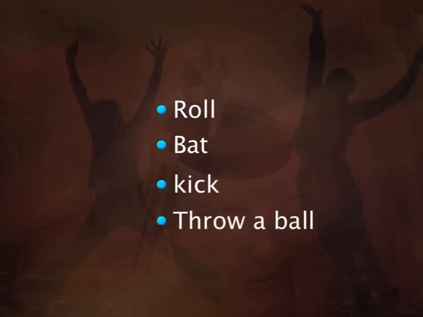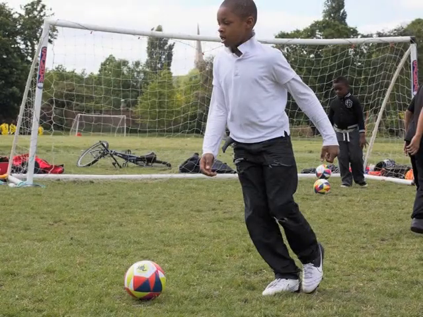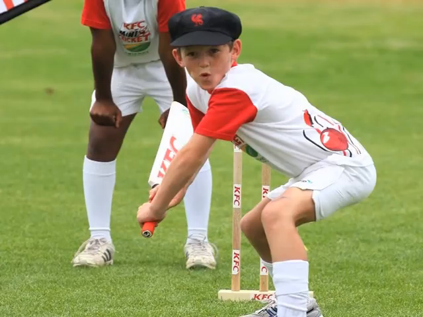When they are 9 to 10 years old, children have the capability to roll, bat, kick and throw a ball. This helps them to be able to play more organized sports such as football, cricket and basketball. Their strength and coordination will further develop with practice.